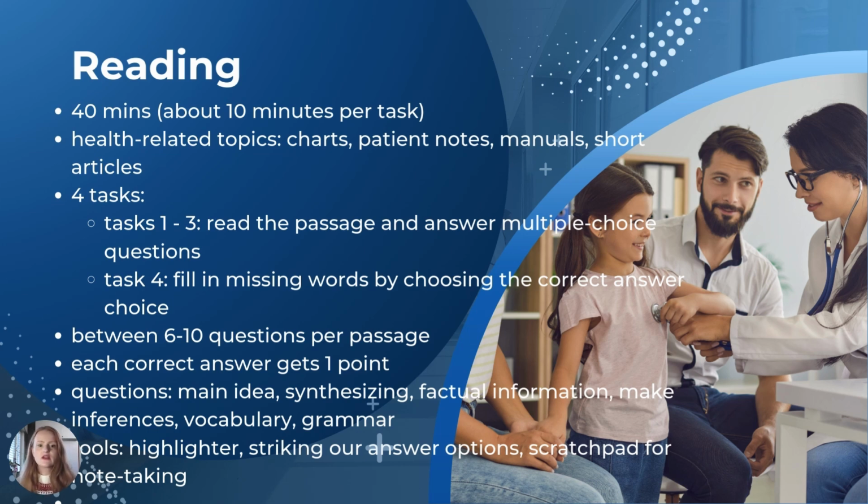So you can strike those immediately, and it's usually between 2 answers that you have to think about and find in the passage and answer. It's always 2. Even though you have 4 options, usually it's between 2 of them. They also give you a scratch pad to take any notes as you read. I'm not sure how efficient that is based on the time restriction that you have. Maybe you can let me know in the comments, how did you find the scratch pad, or if you used the scratch pad at all as you were doing the exam.